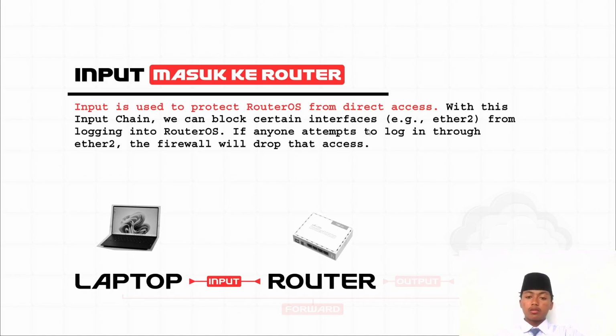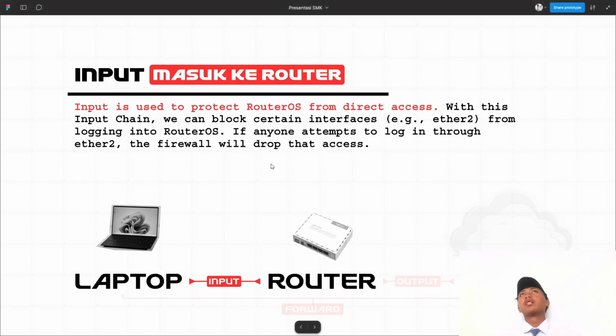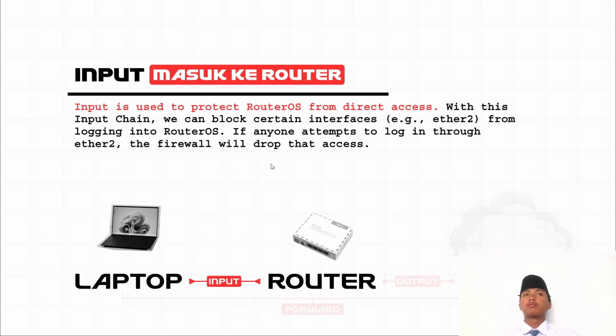If anyone attempts to log in through Ether 2, the firewall will drop that access. For example, if the laptop connects to Ether 2, it will be blocked and the access dropped.